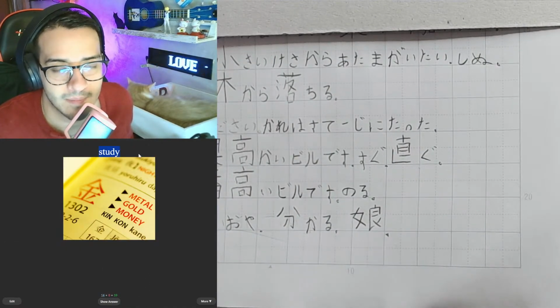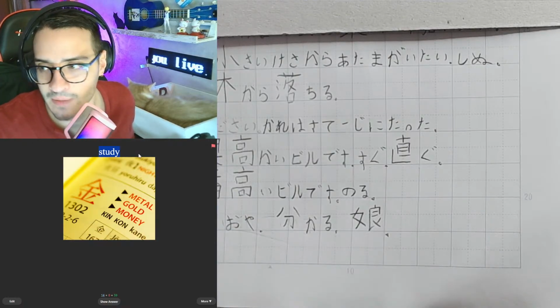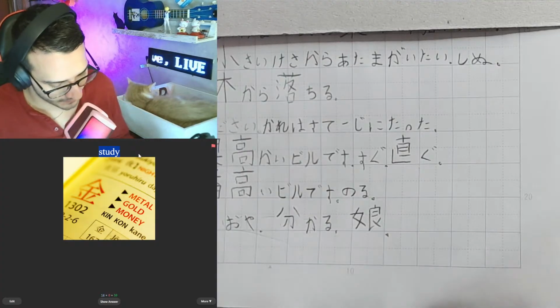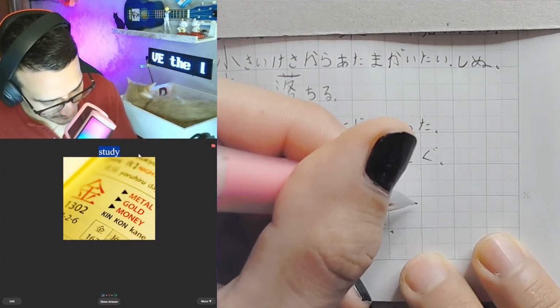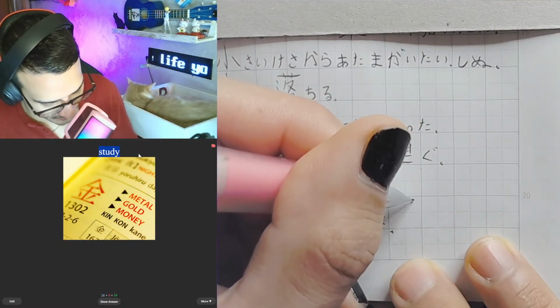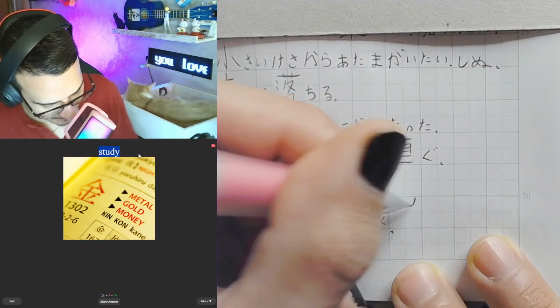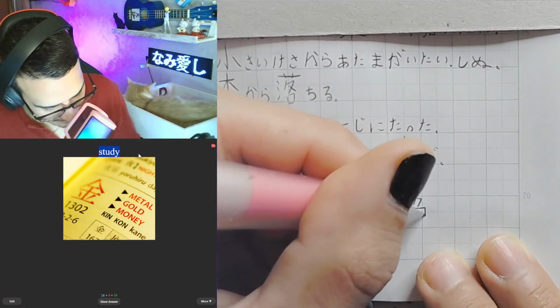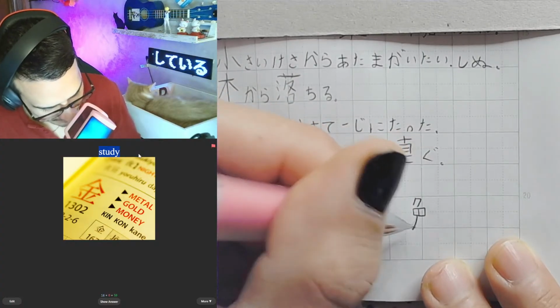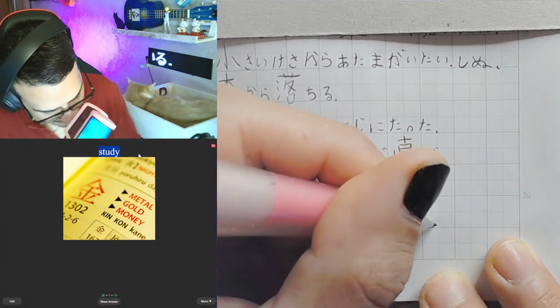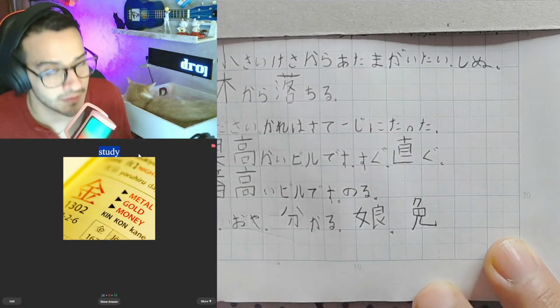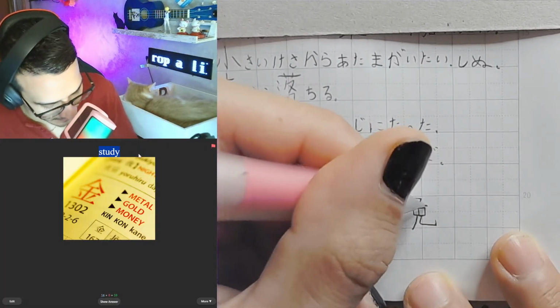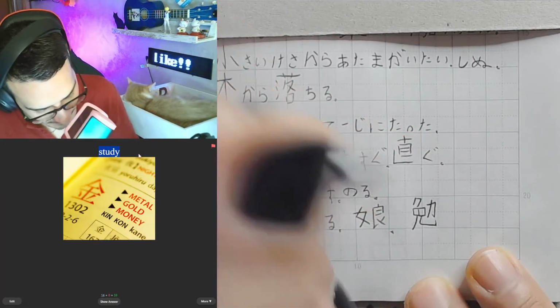Study. How do we say study in Japanese? So the student doesn't want to study because it takes too much effort. No, he's trying to make excuses not to study because it takes too much effort.